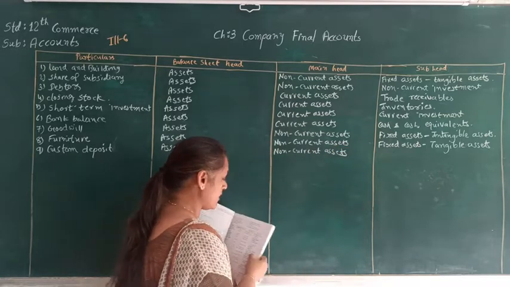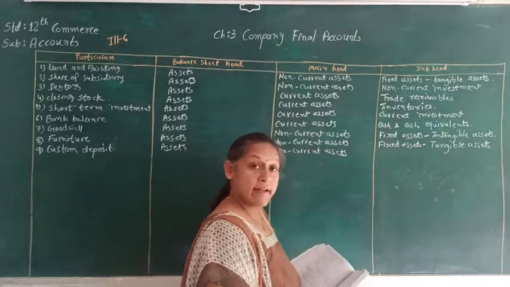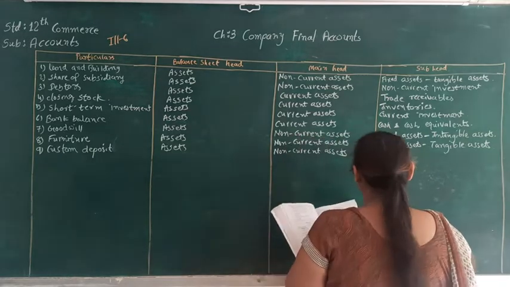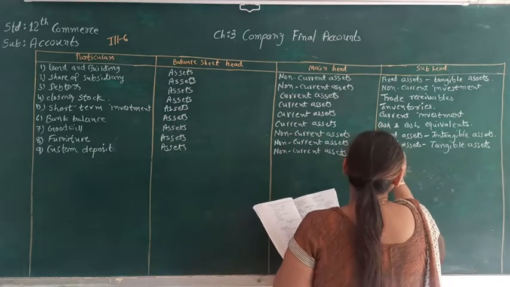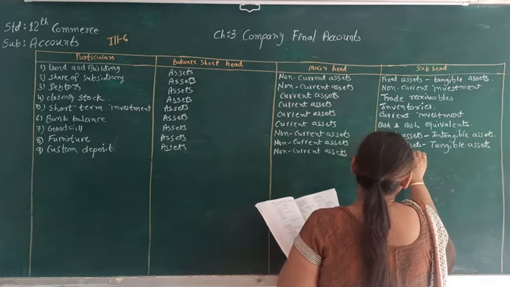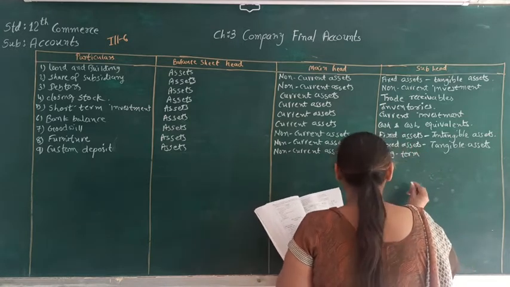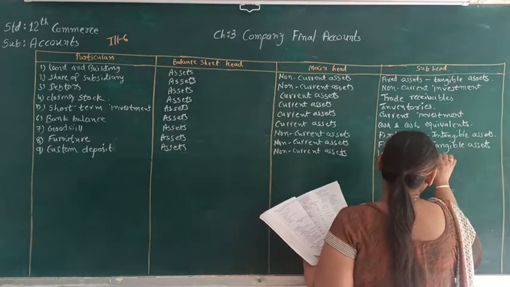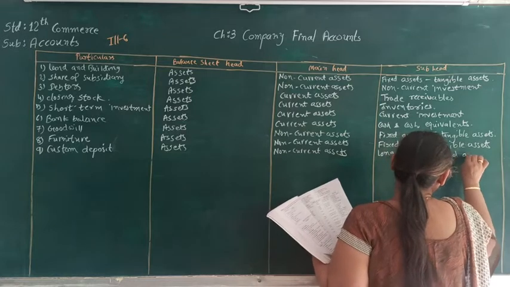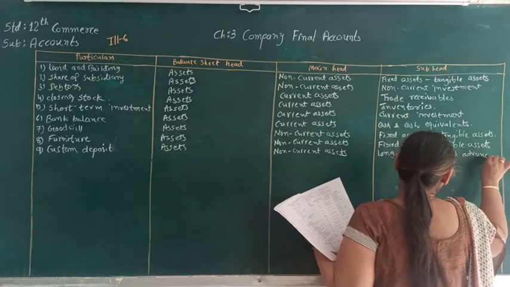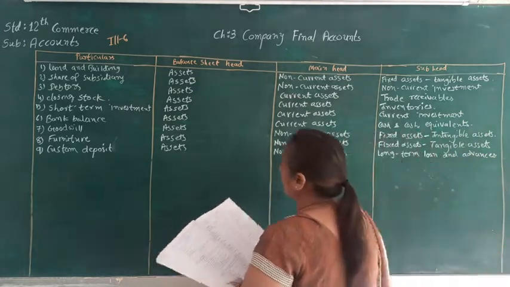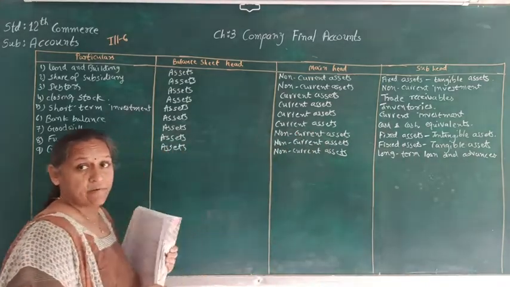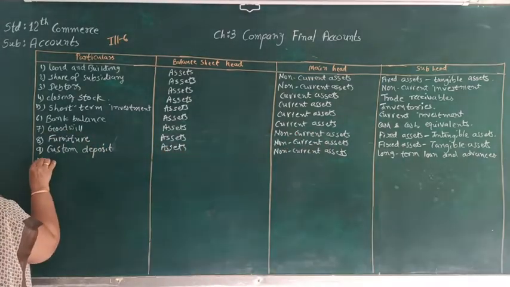And that is again long-term loans and advances. Our next heading is trademark. Number 10 is trademark.